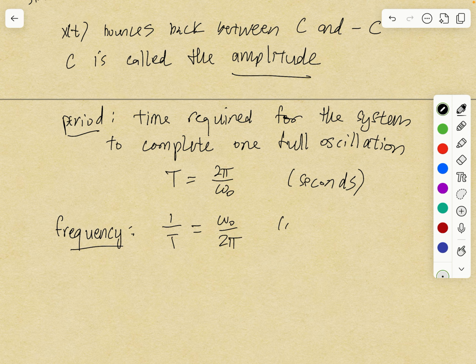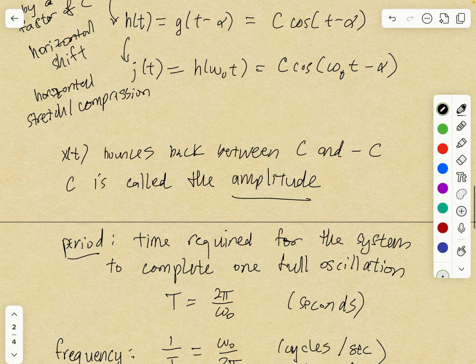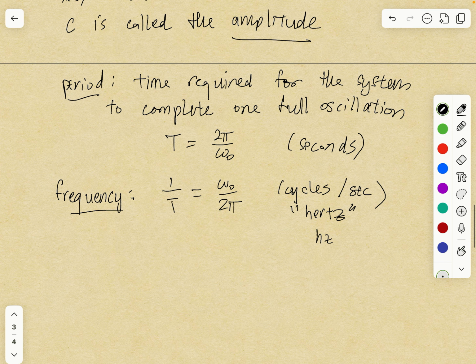And so the units of this is cycles per second, if we're using seconds as units of time. And cycles per second, the unit of that is called hertz, Hz. Okay. Also, this constant alpha here is called the phase angle. So that's alpha.